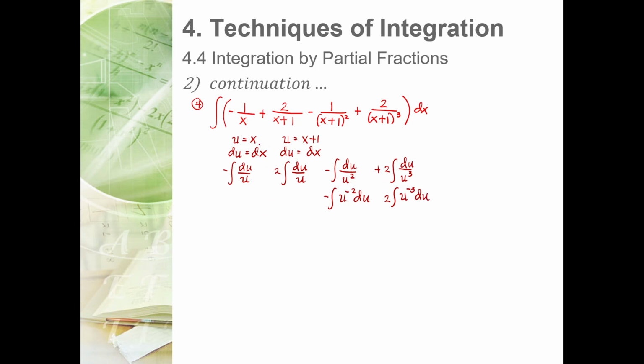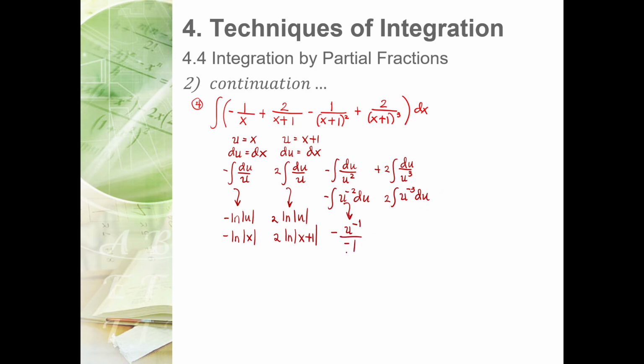So again, if we try to integrate each term here, this becomes negative ln u, which is negative ln x. The next term here is 2 ln u. So this one is 2 ln x plus 1. So the next term here, negative, then again, basic formula, plus 1 all over n plus 1.